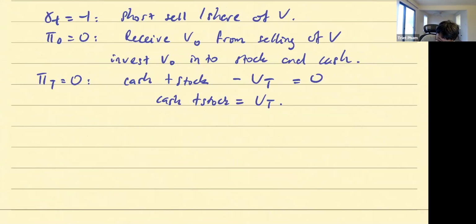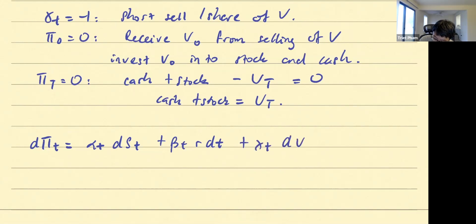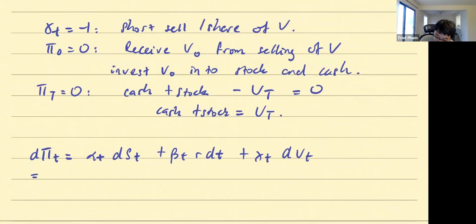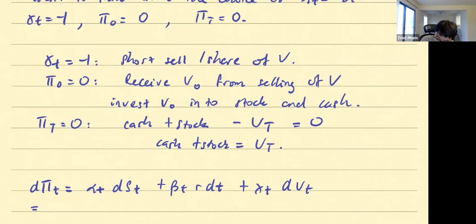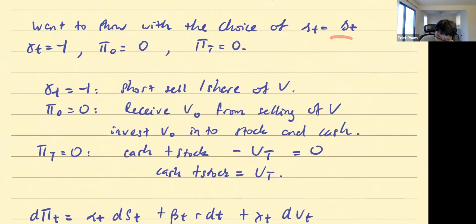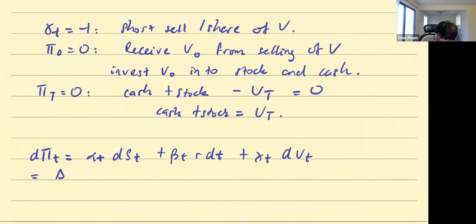So the change in the portfolio value will be alpha t, change in stock, beta t, interest rate gain, and then gamma t, which is -1, right? So let's do gamma t dVt. And so first, alpha t we say is going to be the delta of the stock. Oh, sorry, delta of the call option, the delta of the option, so delta t. Let's do dSt like this.